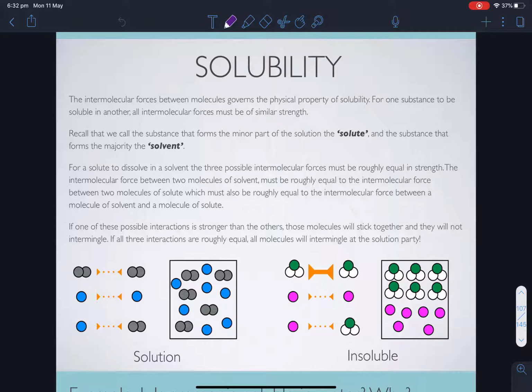If one of these interactions is stronger than the others, we don't get a solution, because those molecules really want to stick together and not commingle with the rest of the mixture. So we get separation. I always like this party metaphor: if all three interactions are roughly equal, all molecules can mingle at the solution party.